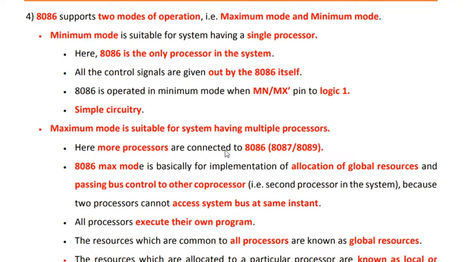Minimum mode, as the name says, refers to a situation where there is only one microprocessor in the system. So minimum mode is suitable for a system having a single processor, which implies in such a situation 8086 is the only microprocessor present in the system and all the control signals are given out by the 8086 microprocessor.